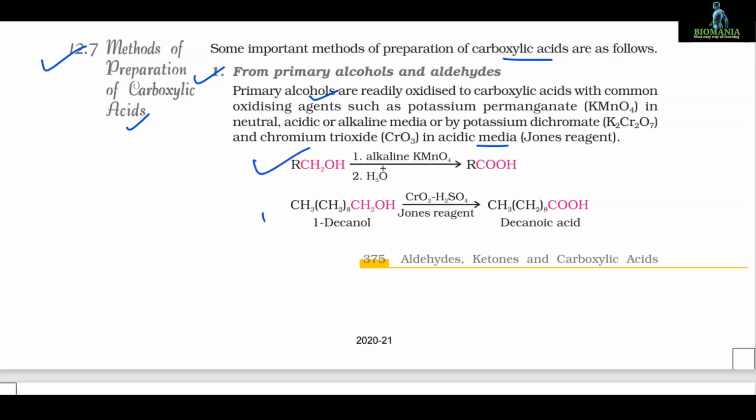Here you can see both reactions. RCH2OH in the presence of alkaline KMnO4 forms RCOOH, and CH3(CH2)8CH2OH, that is 1-decanol, in the presence of Jones reagent forms CH3(CH2)8COOH, decanoic acid.